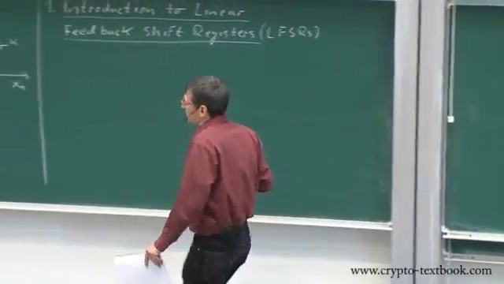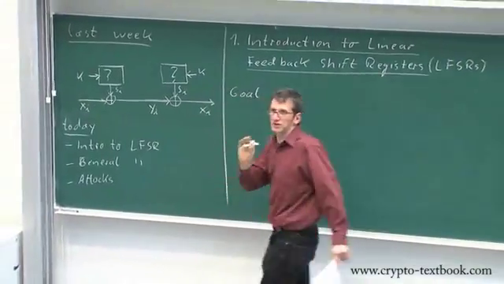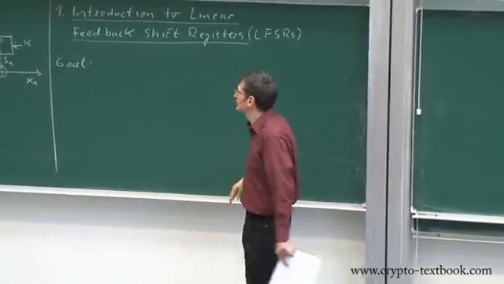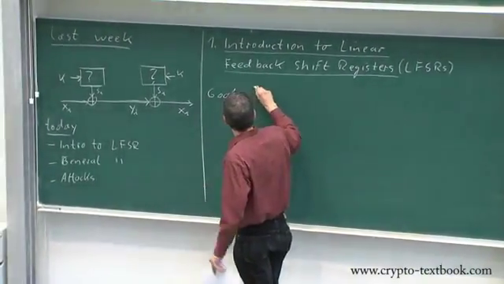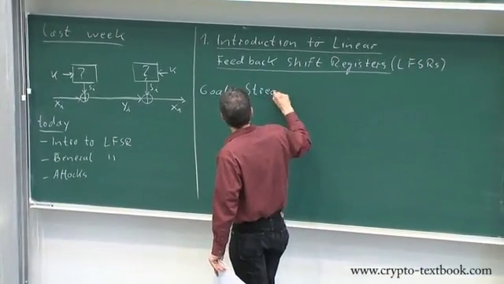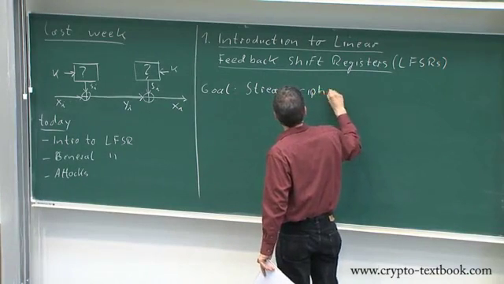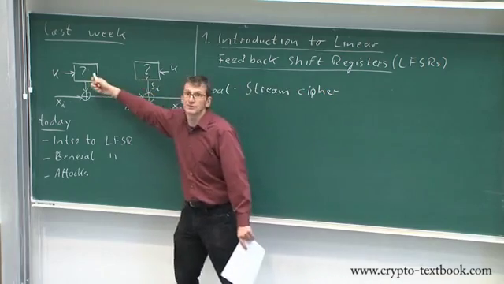So what is that? I'm not quite telling you what that is, but what we use it for. The motivation I want to give you first is the goal: a stream cipher. Again, we talk about these boxes here with the question marks in them.